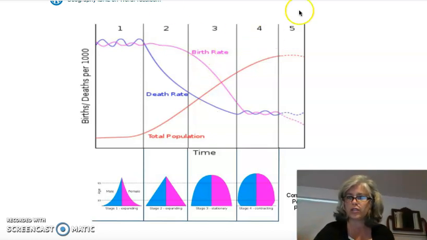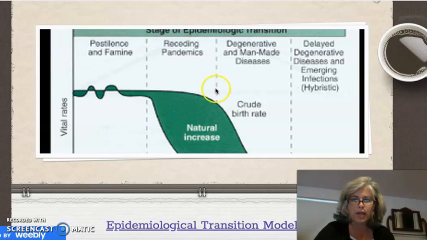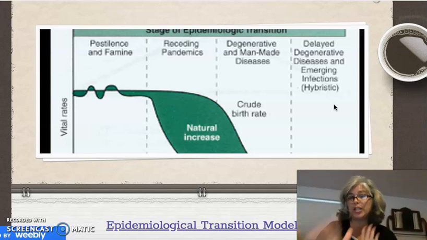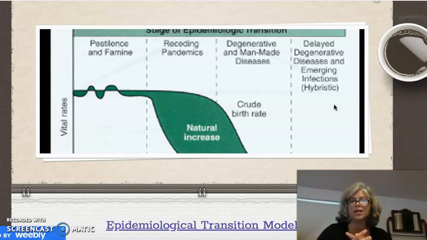Let me switch my screens for a second and we'll look at the epidemiological transition model. Yeah, there it is. Okay, so see, this only shows 4 stages because we haven't gotten to stage 5 of demographic transition yet, but most people debate whether we've even achieved or reached stage 5 yet. So this only shows 4 stages. It's the stages of the epidemiological transition model.